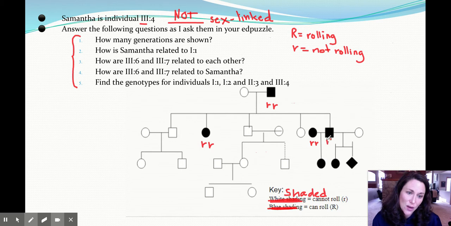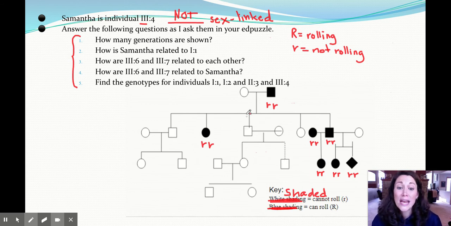And they must be homozygous recessive because the only way you cannot roll your tongue is by getting 2 copies of the recessive allele, one from mom and one from dad. So that's the easy part of this pedigree.